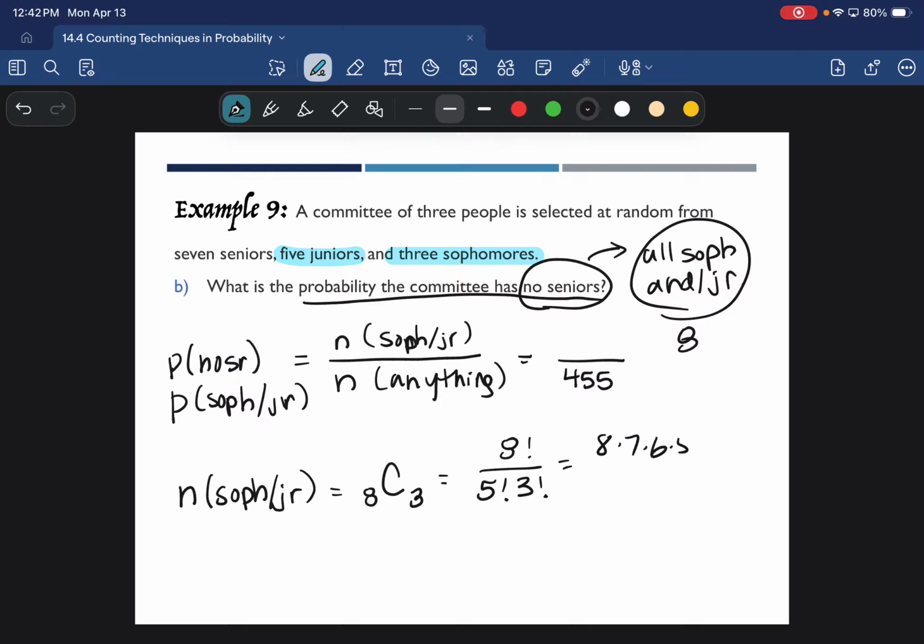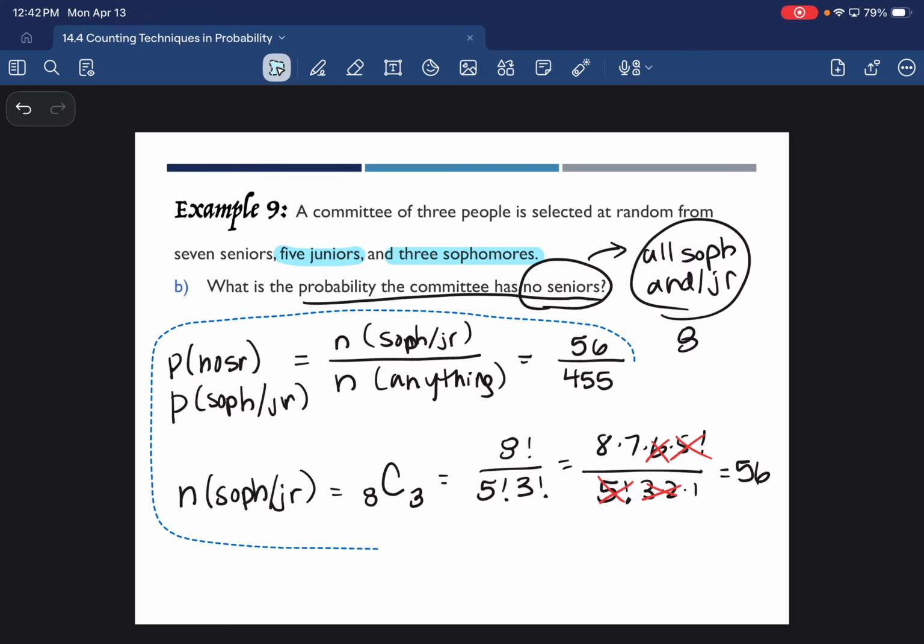So I have 8, 7, 6, 5 factorial with my 5 factorial, and then 3, 2, 1. This one reduces nicely as well, so the 5's cancel. 3 and 2 is 6. So I just have 8 times 7, which is 56. So that's my numerator.